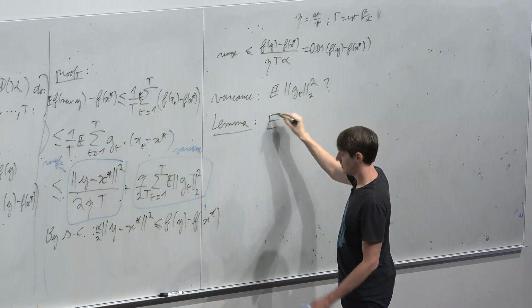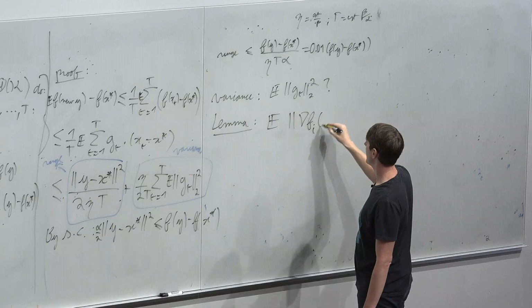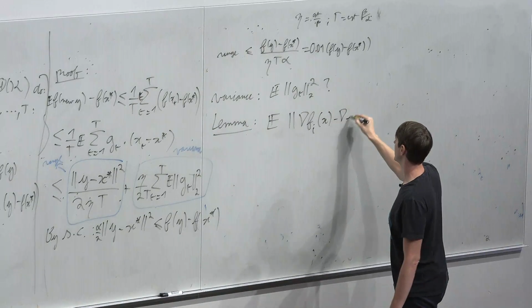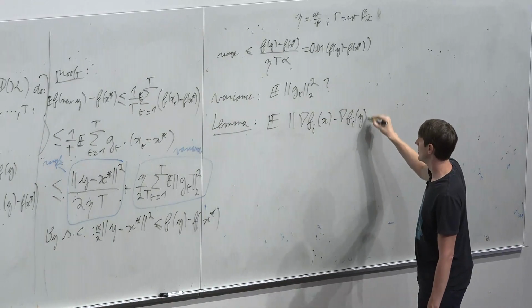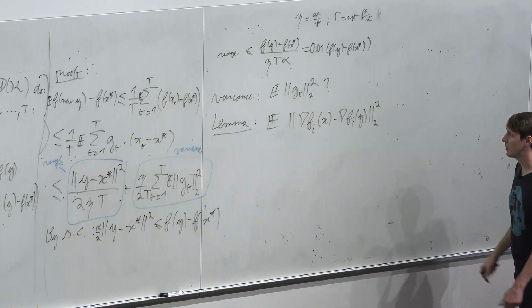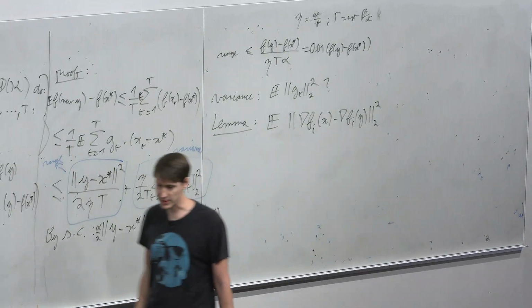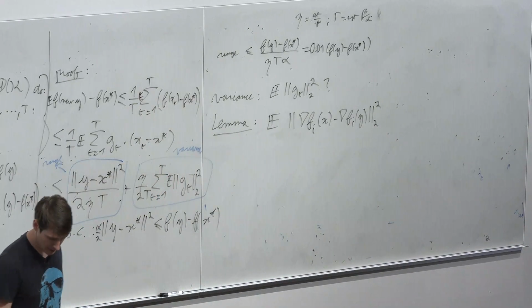The expectation of the norm of grad fi of x minus grad fi of y, L2 norm squared. This looks like the type of variance terms that we will make appear.